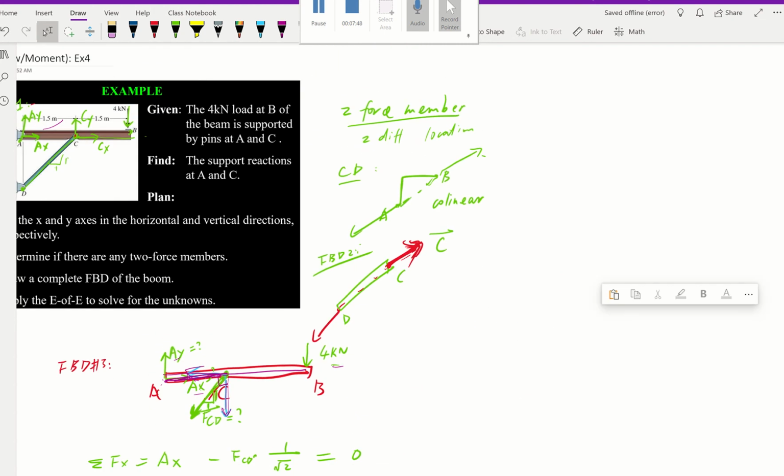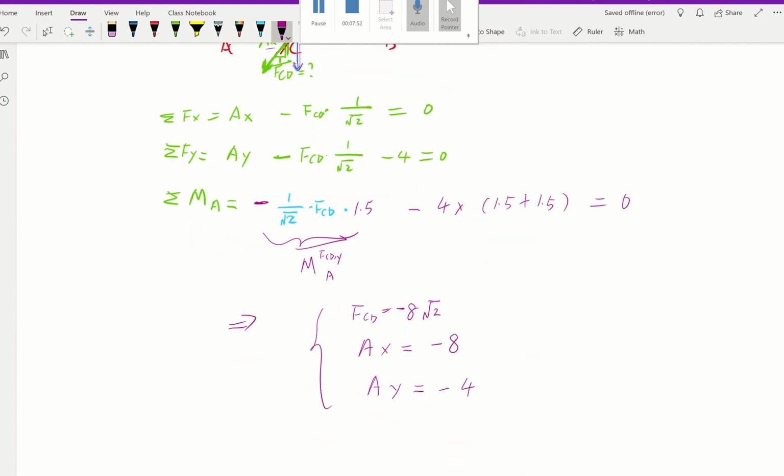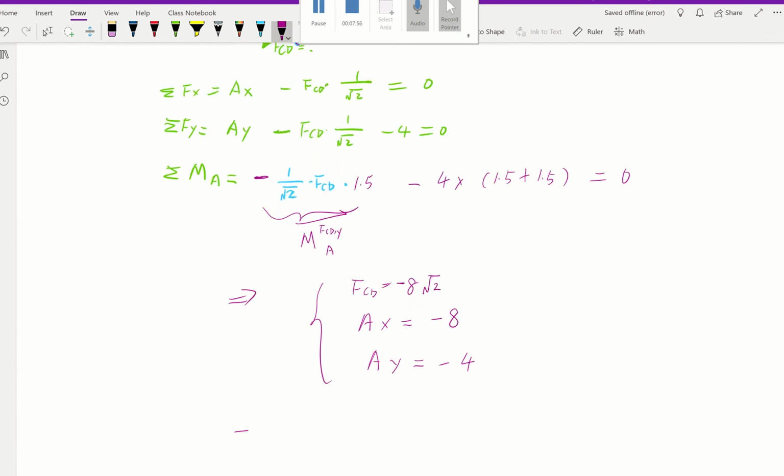They're asking for the support reactions at A and B. At A, since we found AX and AY, this is something I didn't do in the previous video, but we can find the resultant. You're just going to use AX squared plus AY squared, right?